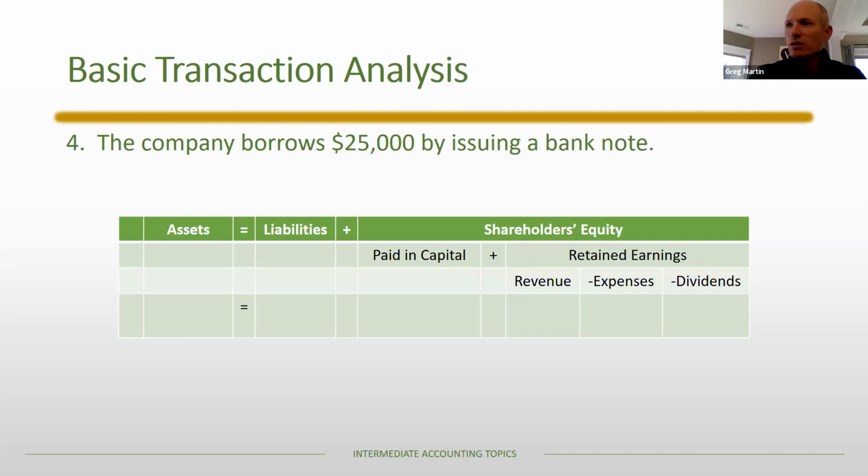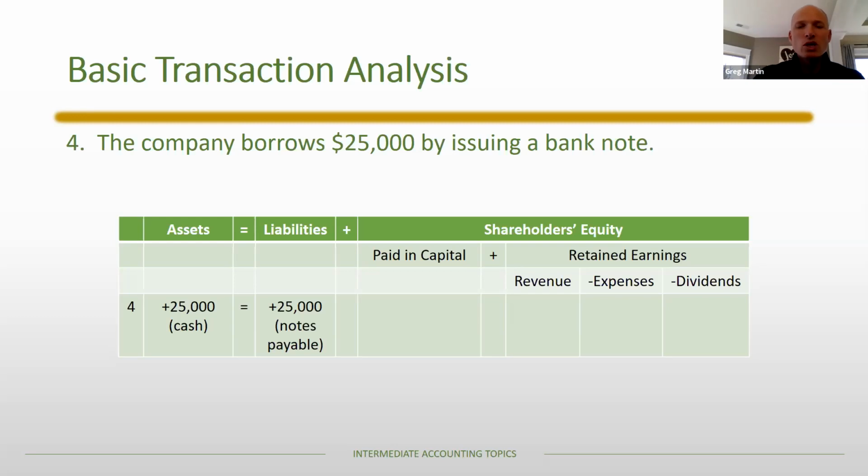What else is going to increase? Notes payable increase. And Hunter, what kind of account is notes payable? Is it asset, liability, paid in capital, revenue, expense, dividend? Yeah, liability. Good. So our cash goes up 25,000. Liabilities go up 25,000. Again, our equation remains in balance.